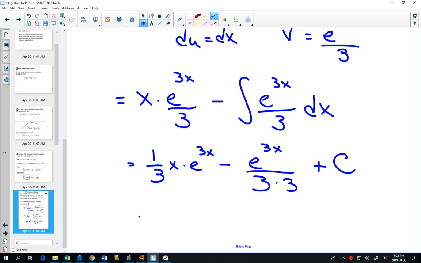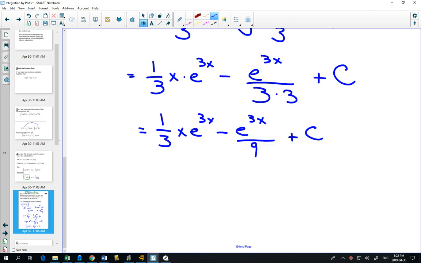And so our final answer, if we wanted to simplify this, is 1/3 x e to the 3x minus e to the 3x divided by 9.